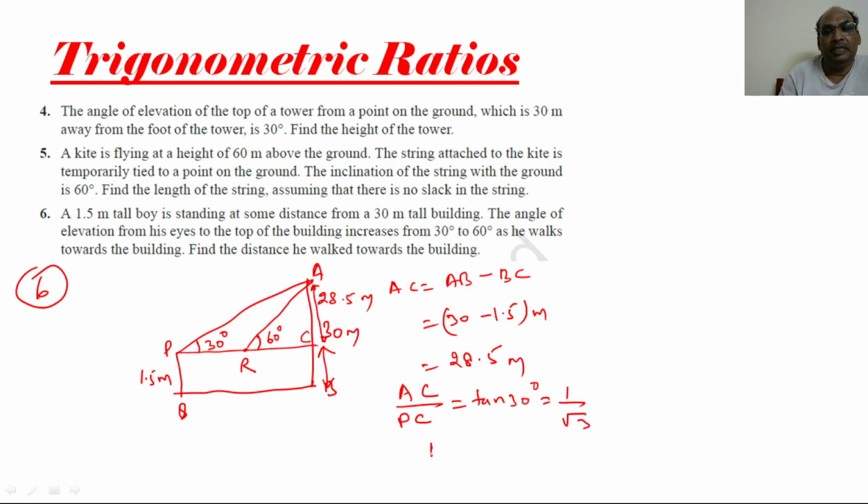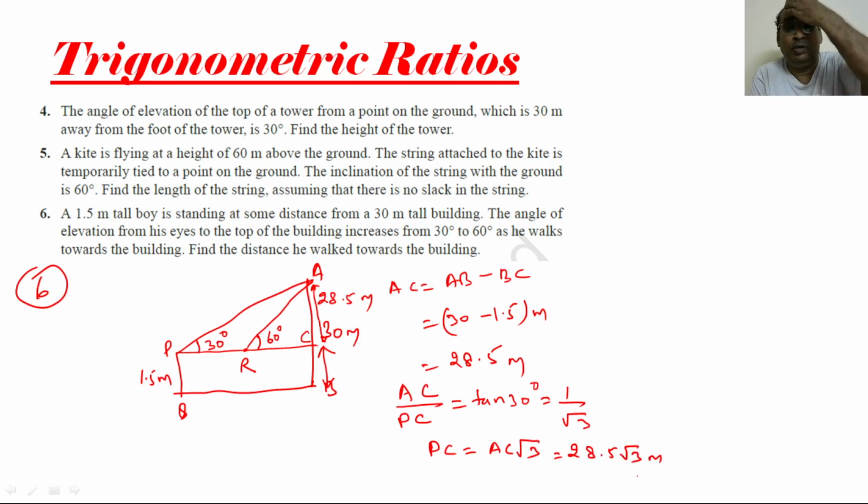So PC is equal to AC root 3, and AC is 28.5 meter. PC is equal to 28.5 root 3 meter.